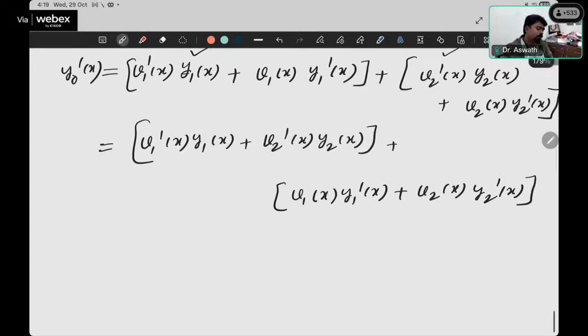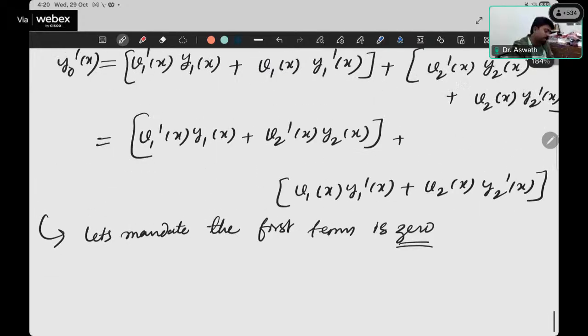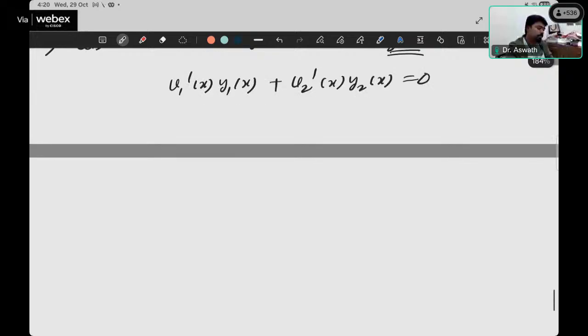Now if you carefully look at this, I can assume, without loss of any generality, let's mandate the first term is 0. You will see why I have mandated that. If I mandate the first term, I can say v1 dash x y1(x) plus v2 dash x y2(x) is equal to 0.